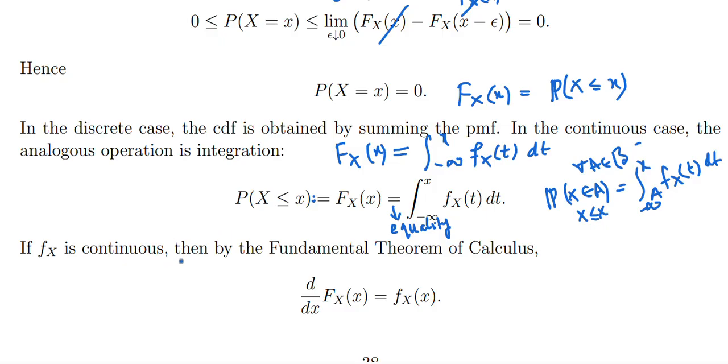If fx is continuous, which is not necessarily the case, a continuous random variable does not need to have a continuous PDF. We are saying if this function is continuous, then you can apply the fundamental theorem of calculus, that the derivative of Fx of x equals fx of x.